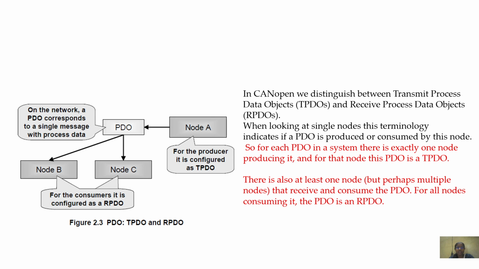Suppose node A wants to send data to the consumers. Through the transmit process data object, it will send, and using receive process data objects, node B and node C will receive the data.